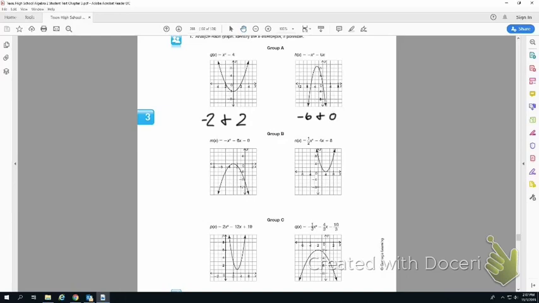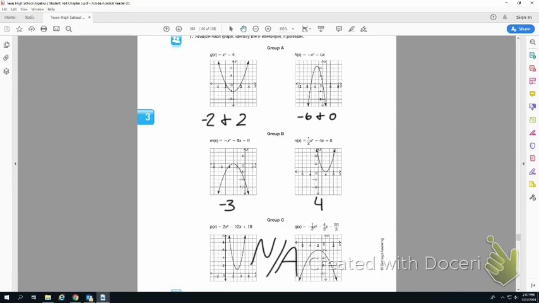What about the first one in group B? And, oh, sorry, never mind. That's it. On the second graph, 4. What about both graphs in group C? Okay, there isn't one.